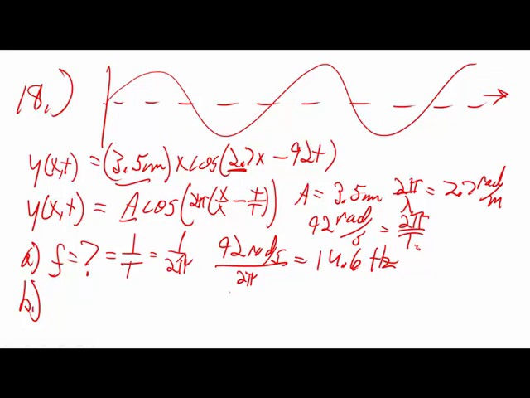All right, now let's look at B. B says, what is the wavelength? Well, we know from right here that 2 pi over lambda is 2.7 radians per meter, right? Yes, it is. So let's solve for lambda, okay? Let me just write this, 2 pi over lambda. And you say, where are you getting that? Look right here, y'all.